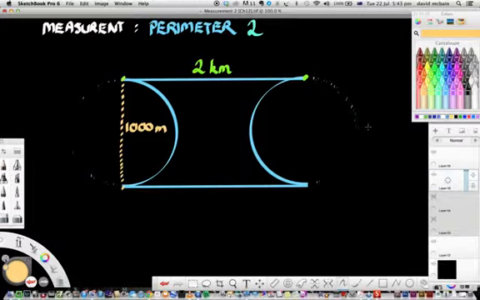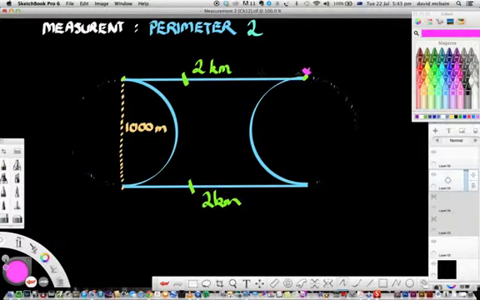Okay, welcome back. Let's have a go at working out the perimeter of this shape. Once again, I should have put these little strokes in there, but the two straight sides are the same. So if this side here is 2 kilometers, then this side's going to be 2 kilometers. So we need to work out the curved parts. And just to remind you once again, the perimeter of this shape will be the distance starting at any point. I'll start here.